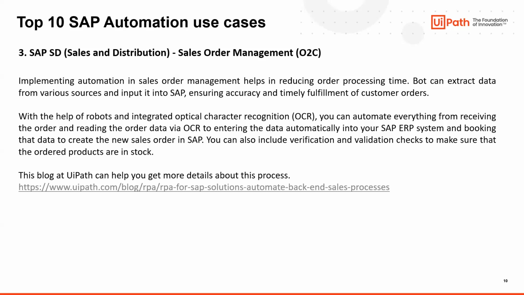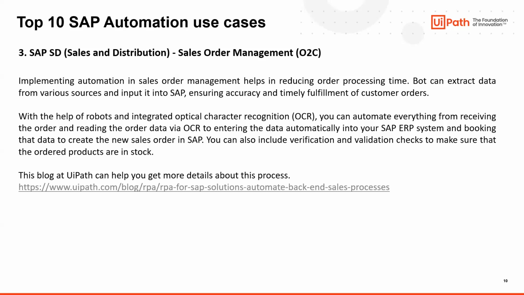The first use case we just discussed, invoice processing, might also require document understanding and AI units for data extraction, and this particular process might need document understanding as well.